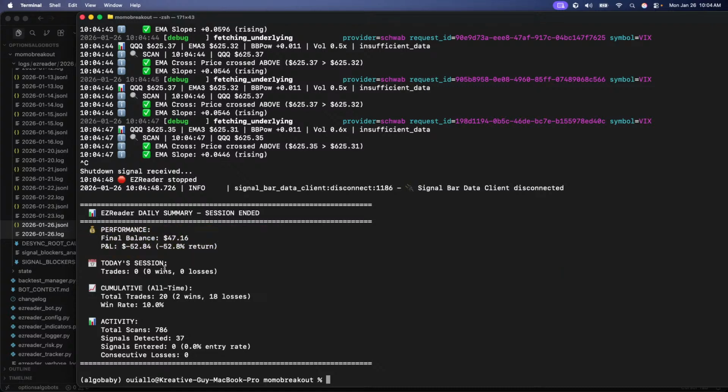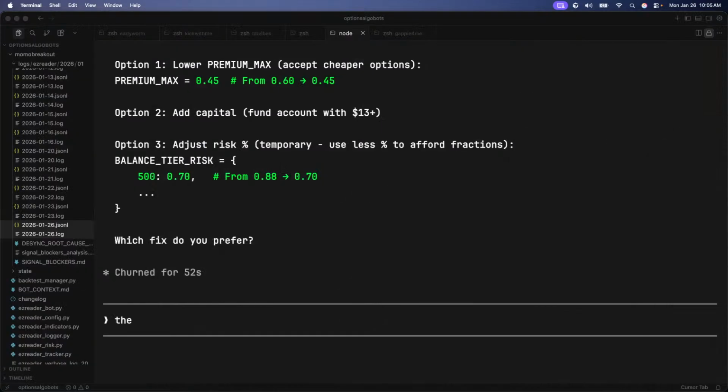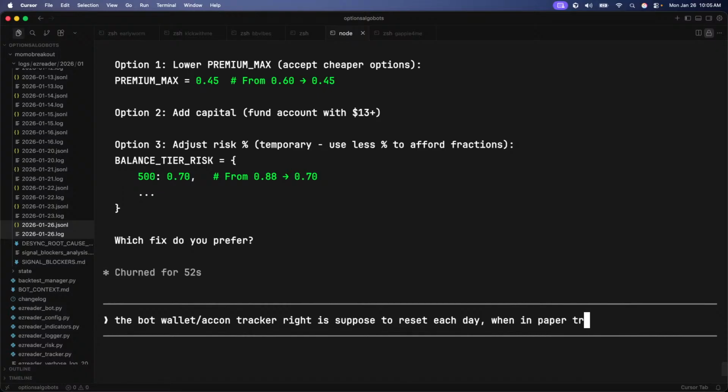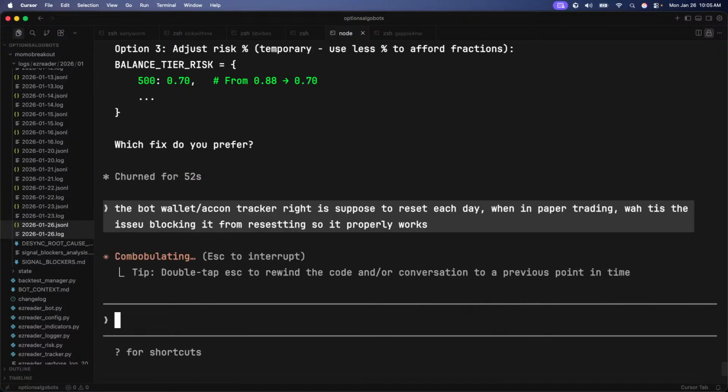So it's taking this and saying, "Oh man, I can't trade. I have no money." Instead of you trying to force a position, the bot wallet slash account tracker is supposed to reset each day when in paper trading. What is the issue blocking it from resetting so it properly works?